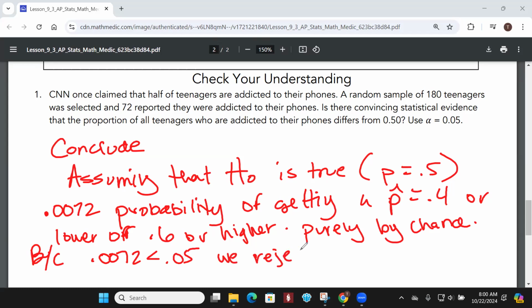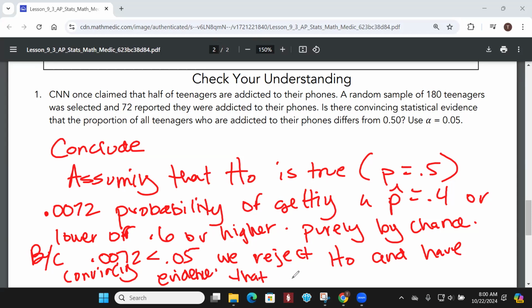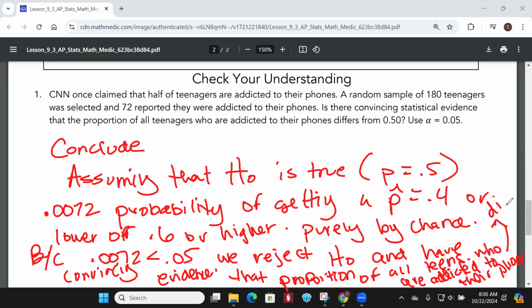We reject the H0, okay, and have convincing evidence that the proportion of all teenagers who are addicted to their phone differs from 0.5. Yikes, man.